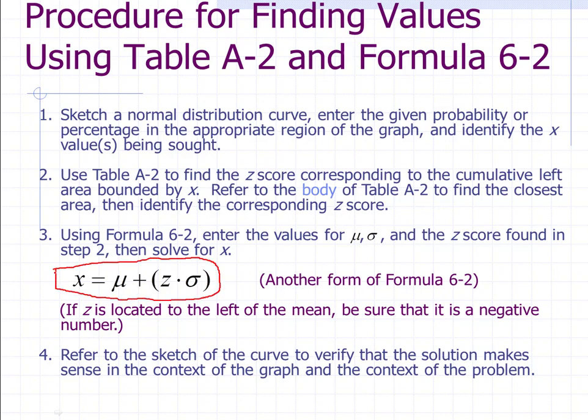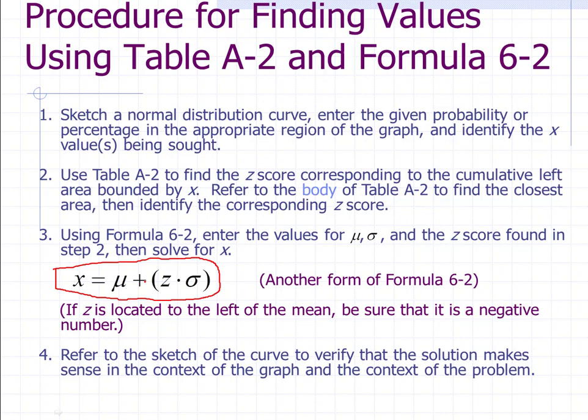This is our standard z-score formula solved for x using a little bit of algebra. And if you're uncomfortable with that algebra, that formula is not in the chapter 6 formulas in the tables book.